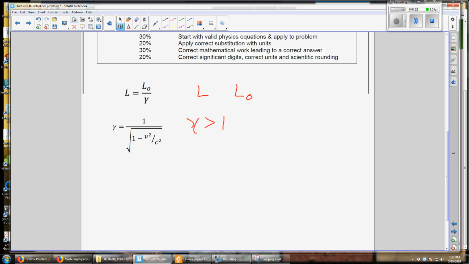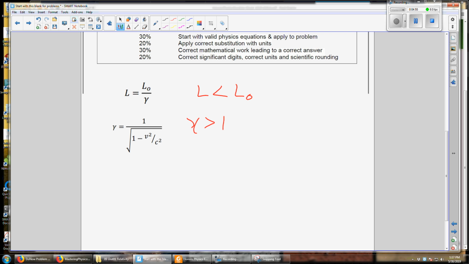Let's say gamma was 2 and L naught was 10. Is 10 over 2 bigger than 10? Oh, our relationship didn't work then. 10 over 2 is 5. How does 5 compare to 10? Less than. So L is always less than L naught, because you're dividing it by a number bigger than 1.